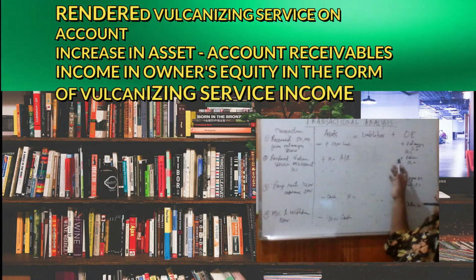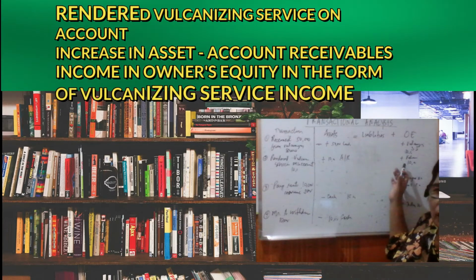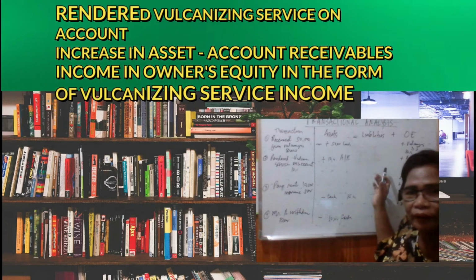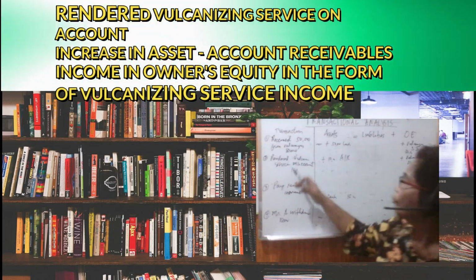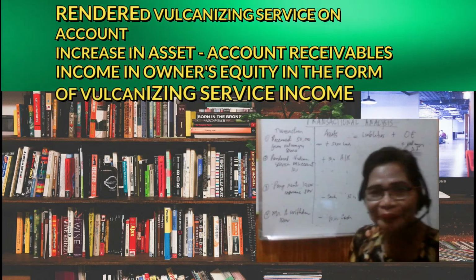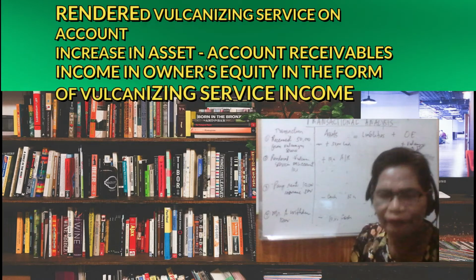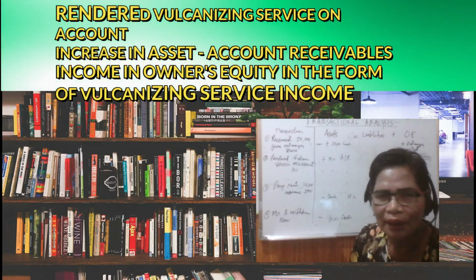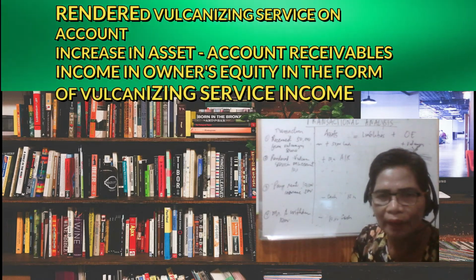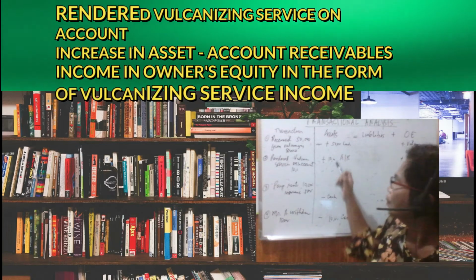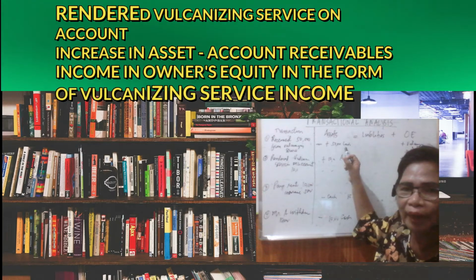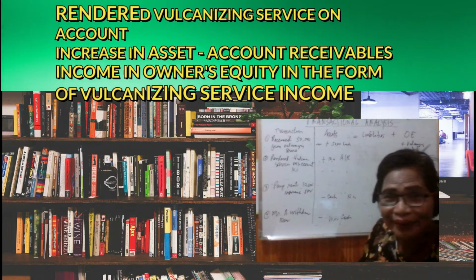And on the other side, there is an increase also of the vulcanizing service income in the amount of 10,000. So the effect is just the same, but it differs only on the amount and on the account, because on the fifth you have cash. This time, it's accounts receivable.